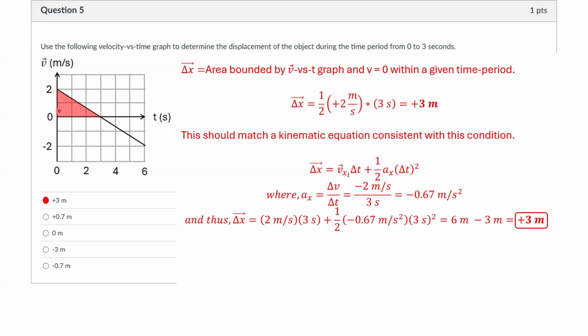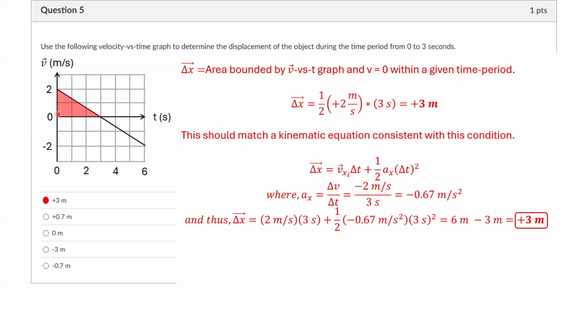In that case, that would make a shape that is a triangle. That triangle would have a height of 2 meters per second and a base of 3 seconds. 2 meters per second times 3 seconds would be 6 meters, but a triangle only takes up half of that area, right? 1/2 base times height.